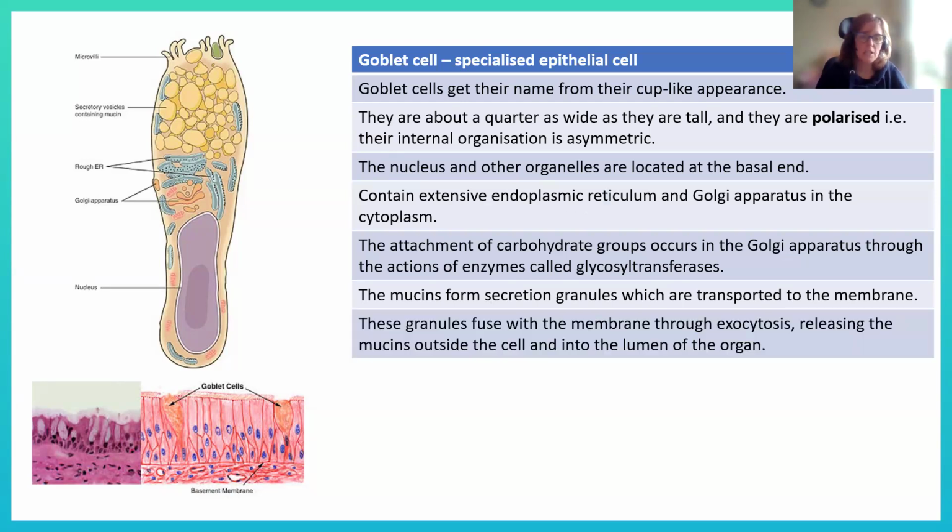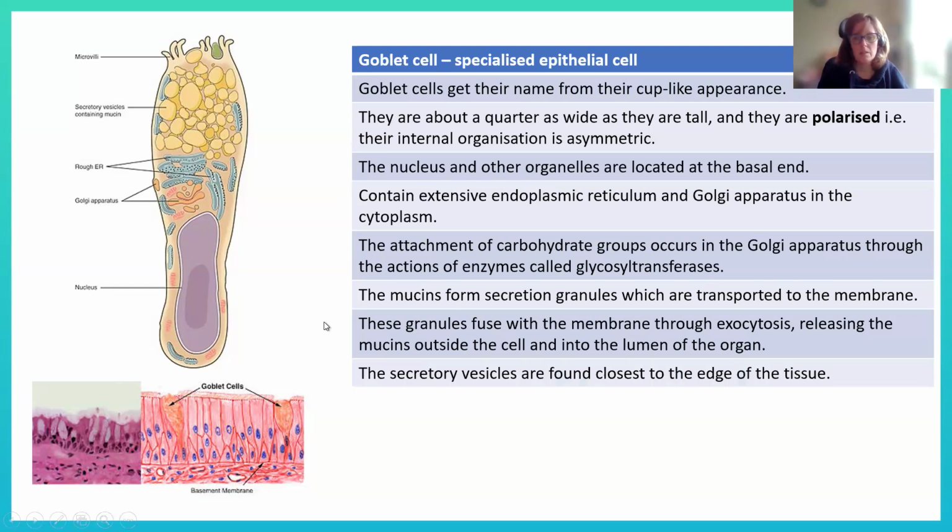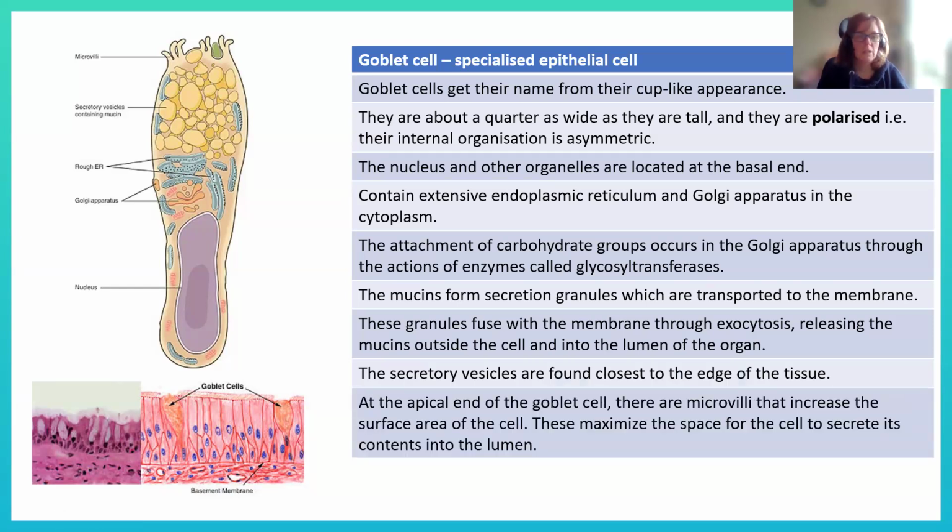There's specialist sorts of cells. This would be found somewhere like in the gut, for example, where it's primed for releasing mucins. So it's got all these adaptations for this role, loads and loads of secretory vesicles, increased surface area to release more of these vesicles. So it's good at its job.